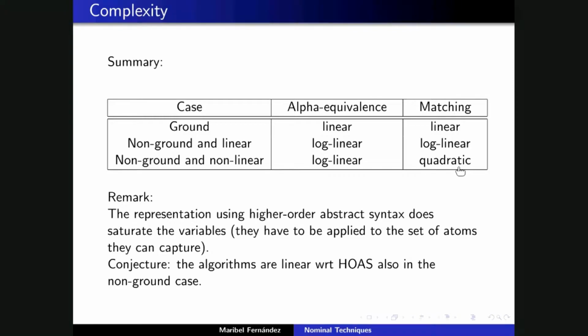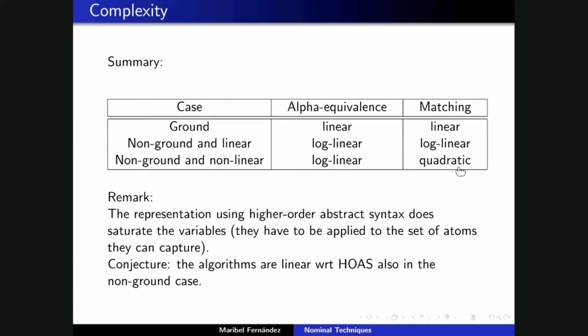However, you could start with a representation of your input problem that already has expanded lists of permutations attached everywhere. Each time you have a variable, you attach, for every atom that is mentioned in the problem, an identity permutation with all the swappings A to A, B to B. It's useless, of course, but that makes your problem bigger, in which case the complexity with respect to the input becomes linear. Now you could say this is a bit like cheating, because why am I going to do that?